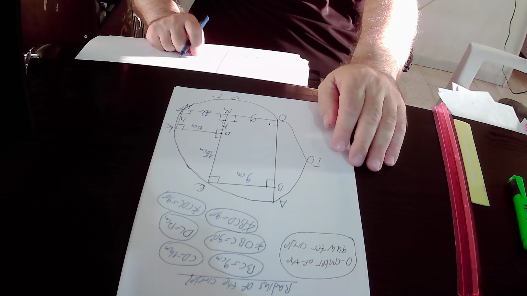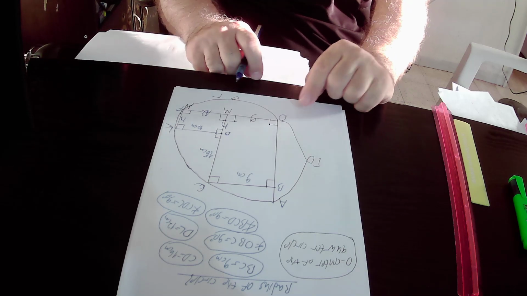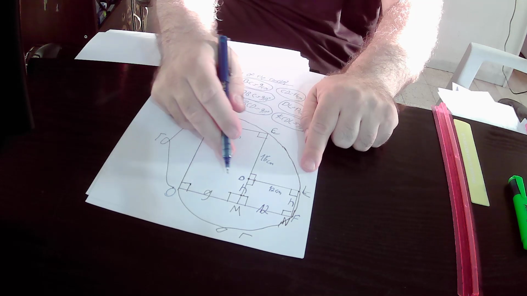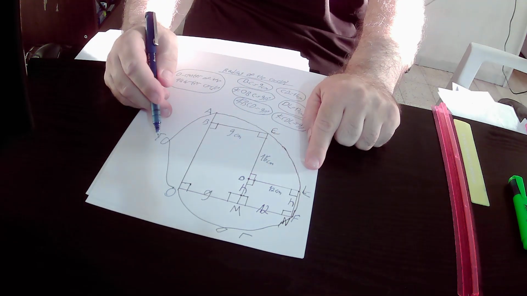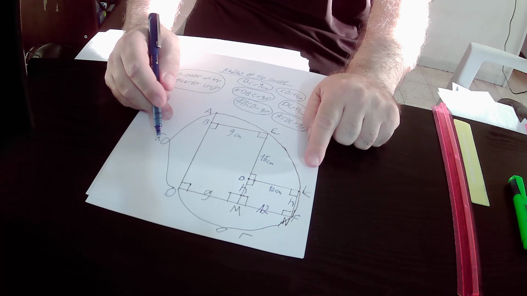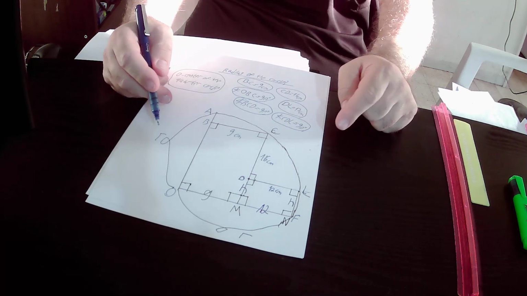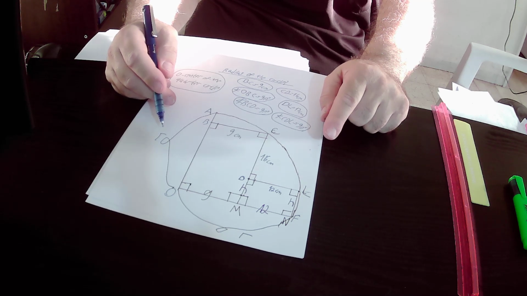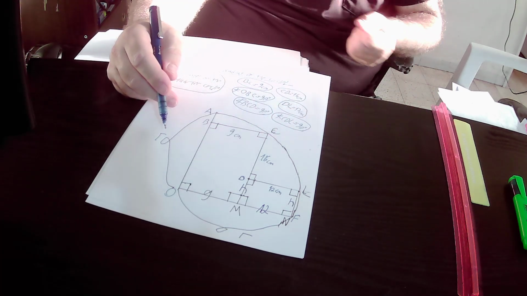Therefore, if side MN equals 12 units, it means that line segment ON equals OM plus MN, that is to say OM, that is 9, plus MN, that is 12. 9 plus 12 is 21 units. The length of line segment ON is 21 units, while the length of the radius OF will be a little bit longer than line segment ON.